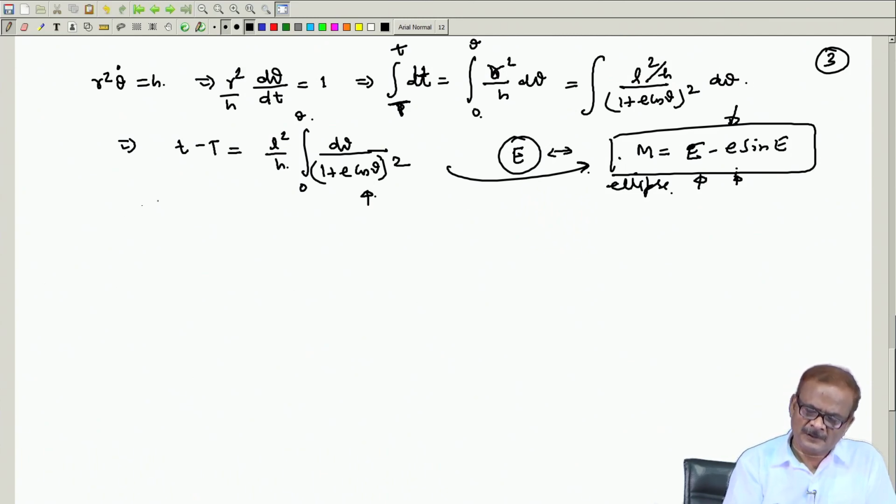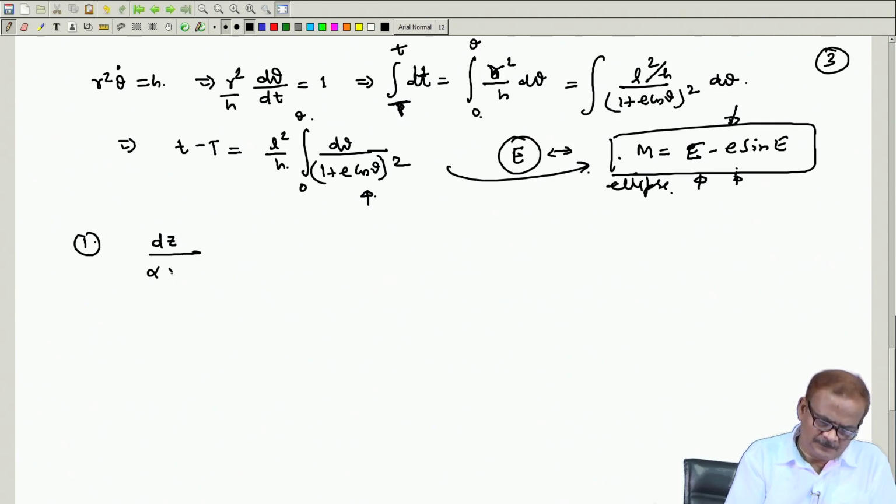Now, the other way of doing the same problem will be, we use this integration, say dz by (alpha plus beta cos z) whole square.